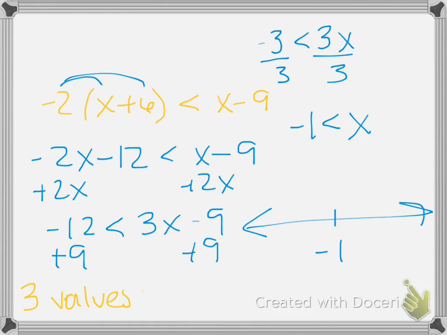So my point sits at negative 1. It is an open dot. Okay, but this time my variable is sitting on the wrong side. So right now my x is being eaten, so I need to keep eating my x. And now I can do my little cheat arrow to the right. So more values would be 0, 1, 2, 3, 4, and so on and so forth. So make sure your variable is always sitting on the left side if you're trying to do your cheat arrow.